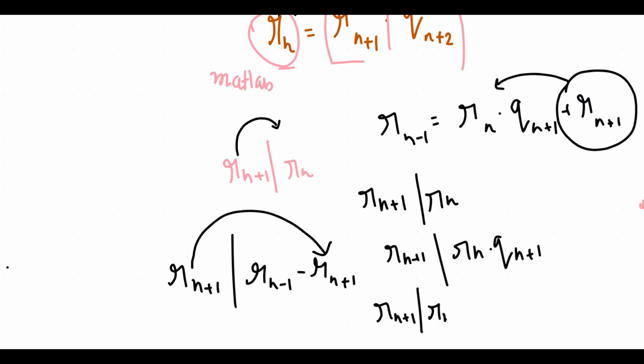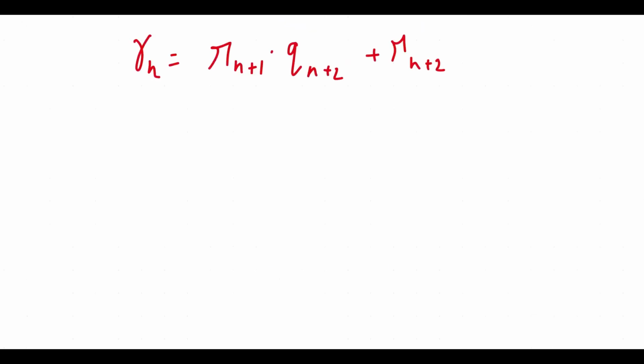I think you should repeat what you actually did here. Okay, let us repeat. So we have a sequence that we have seen in the above pages. I'm writing the last two steps. Rn minus 1 equals Rn into Qn plus 1 plus Rn plus 1.